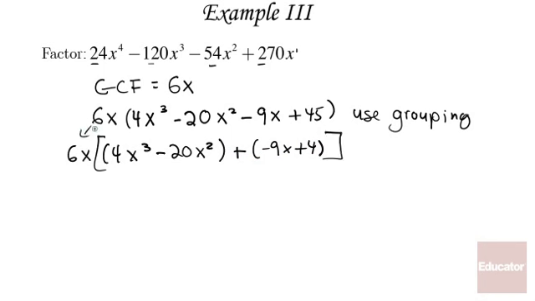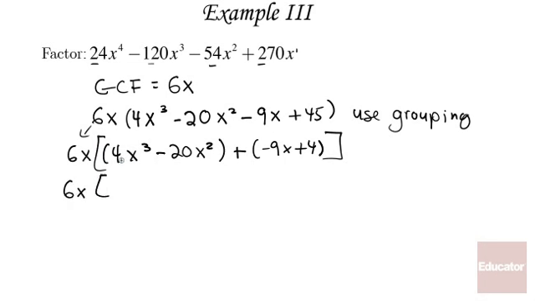And I'm careful to bring that greatest common factor along as I work with this. Okay, with grouping, after you've grouped the first 2 terms and the second 2 terms, the next step is going to be to pull a common factor from each set of 2 terms.